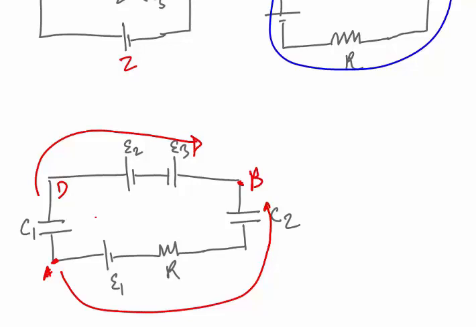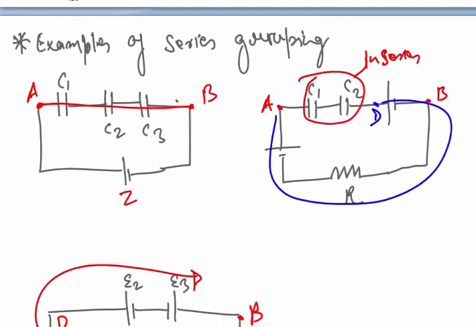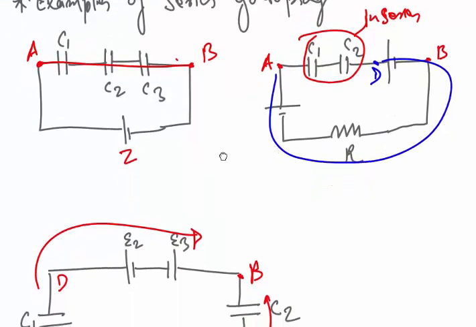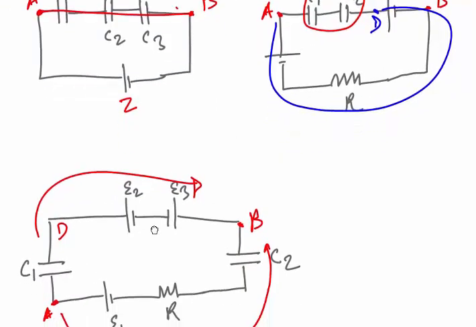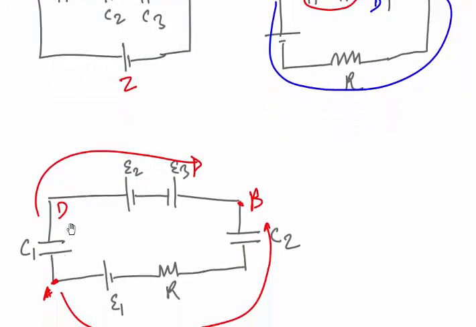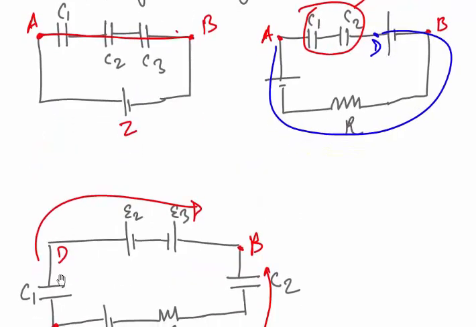I hope with the help of these three examples you are comfortable with what is in series. Now if we compare the first example with the third example: between C1 and C2 there are two ways, and via this way a battery and a resistance is there, and via this way two batteries are there.